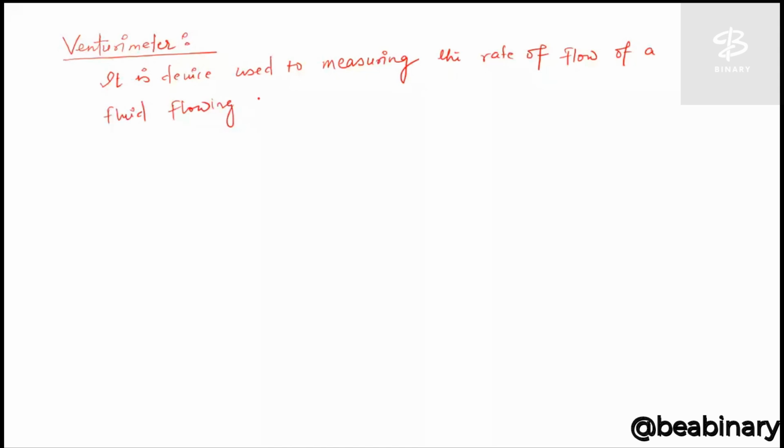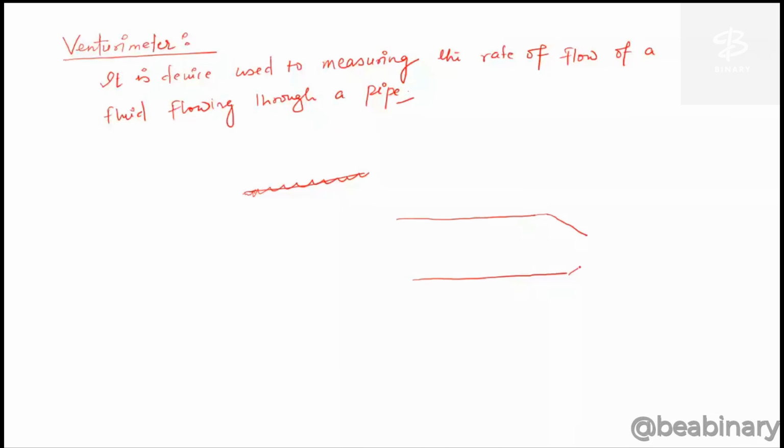Okay. So if I draw the basic Venturimeter, it consists of three parts.